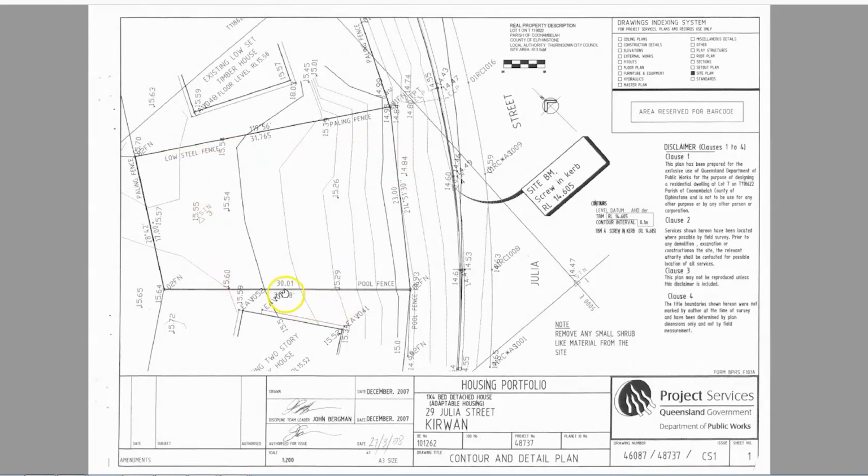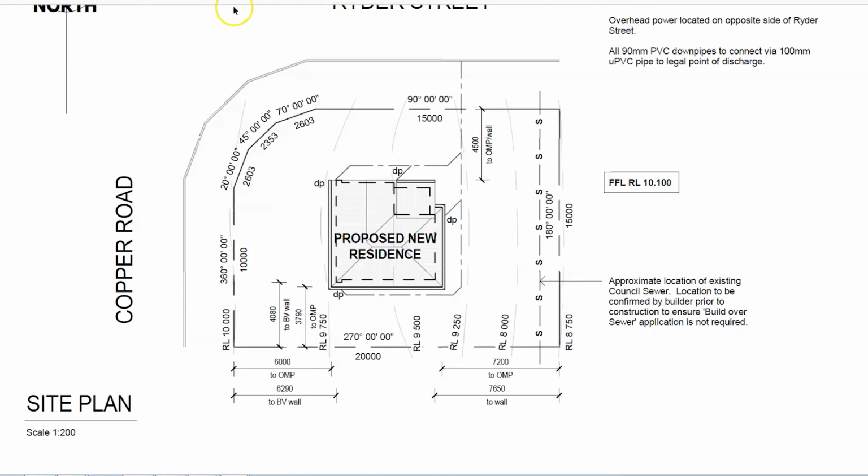So the last thing to mention about RLs before we go on to the next thing is reading these measurements off. You'll find on this plan the RL is written in meters with only 2 decimal points on the end. You really need to put a 0 on the end, so you've got meters and millimeters, millimeters with 3 numbers. Otherwise, when you type things into your calculator, they may not work out. If we go to this set of plans, these RLs have all been written in millimeters, and most of your measurements will be in millimeters.